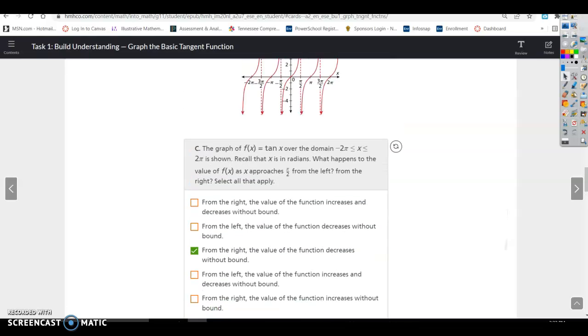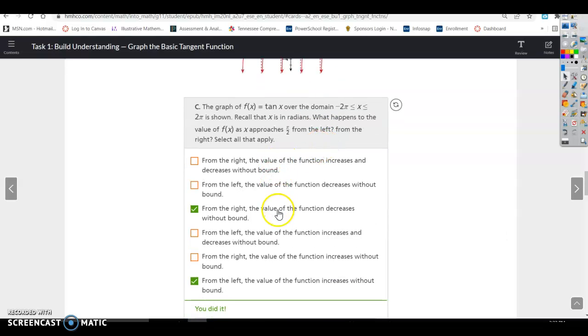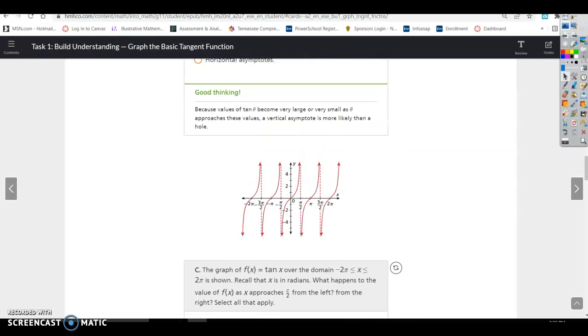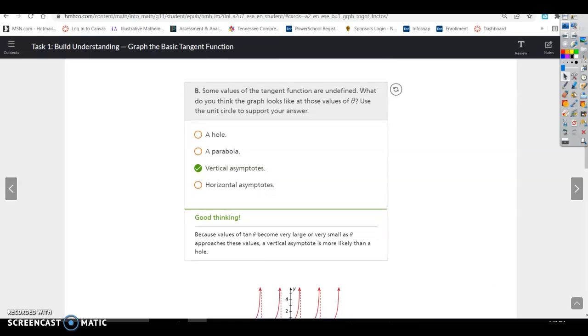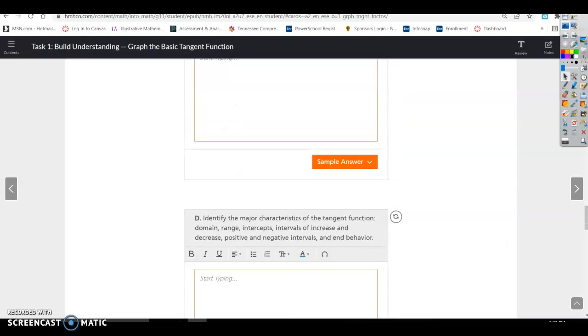And it's all based on which direction you look at it. We normally read from left to right. So when you think about from the left, it's going up, but it does ask you to look at from the right as well. So when you come at it from the other direction, that's what makes it decrease without bound. Does this support your prediction from part B? All right, I forgot what part B was, so let's go see. It has a vertical asymptote, so yes, that does match up with what we looked at in part B.